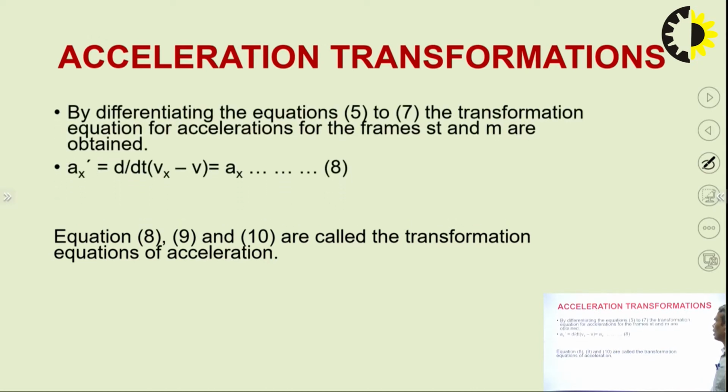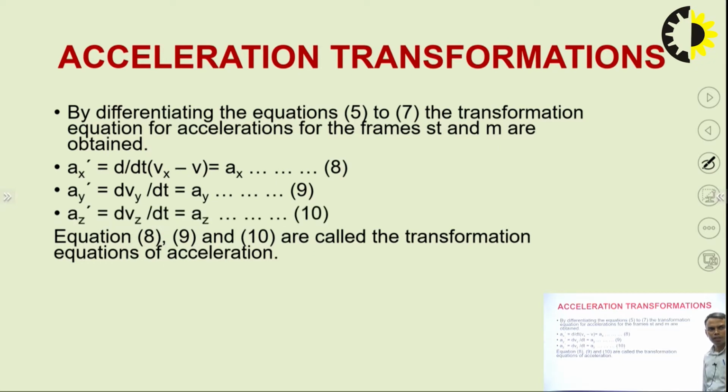Now, the acceleration transformation. So, ax prime is equal to ax because v is constant. Similarly, ay prime is equal to ay and az prime is equal to az. Equations 8, 9, 10 are called the Galilean acceleration transformation.